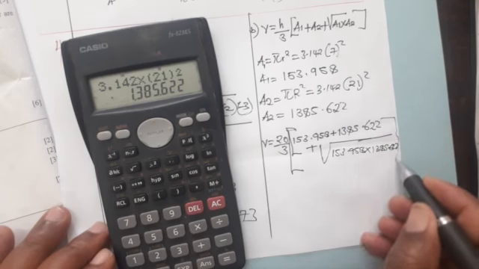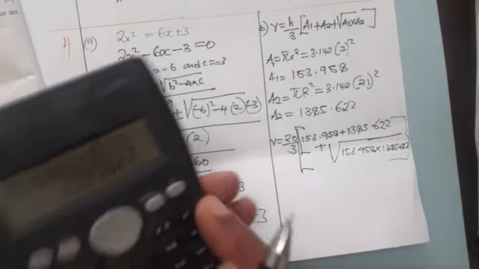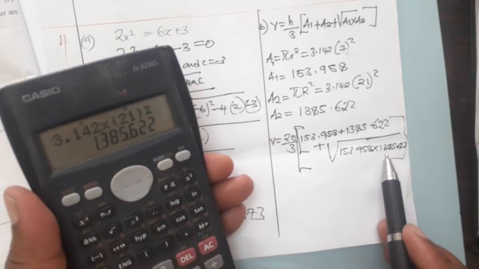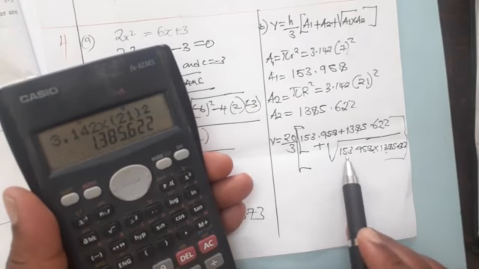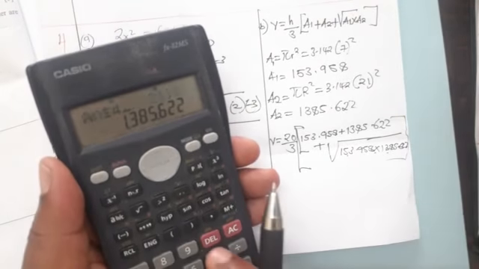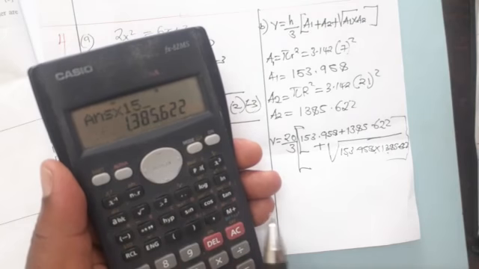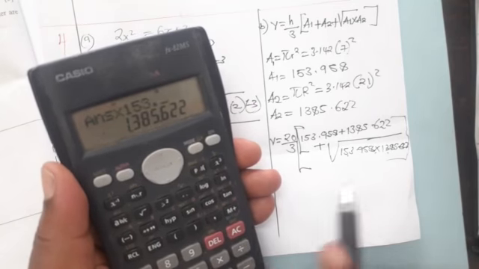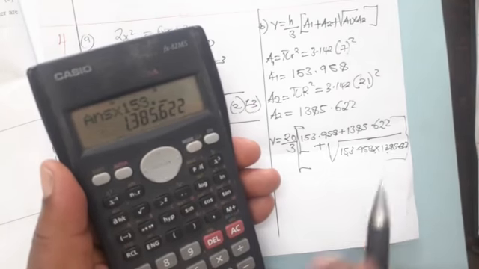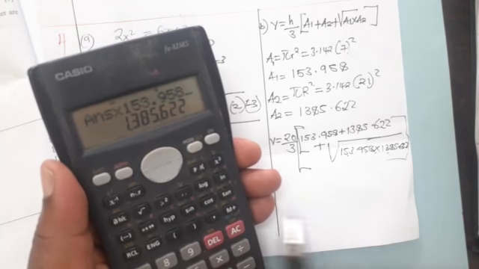You close here. So what you do is, you multiply this number by this one first, times 153.958. What is the answer?